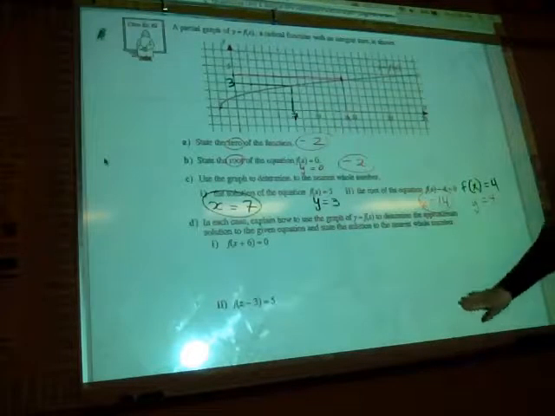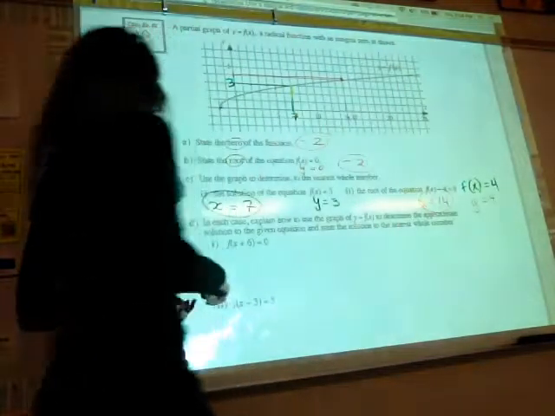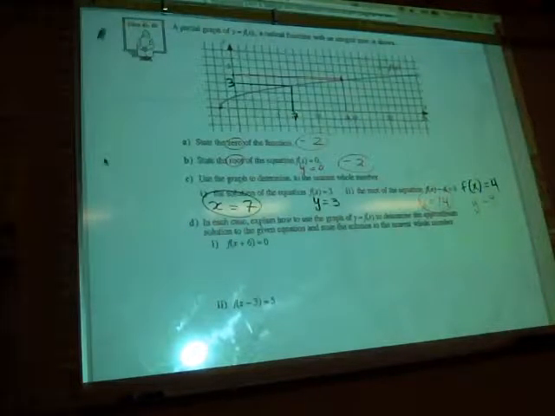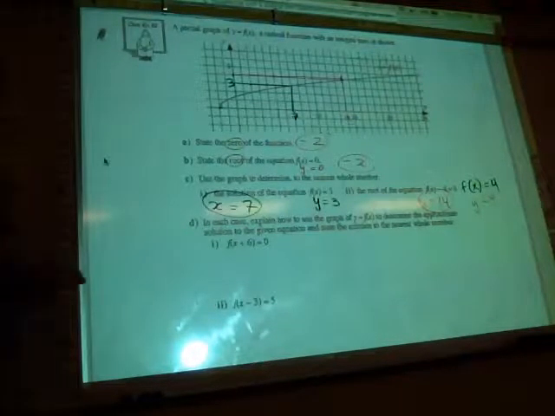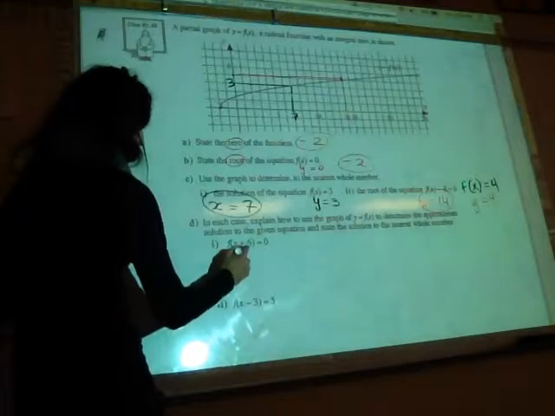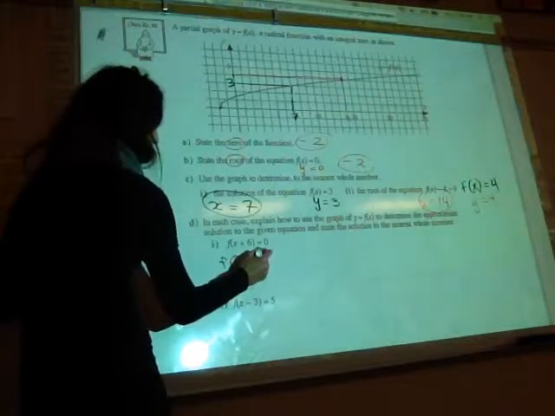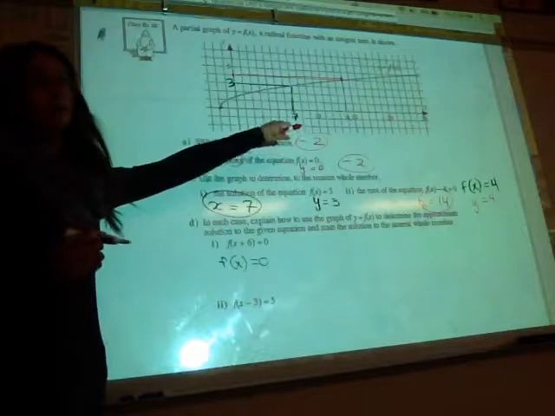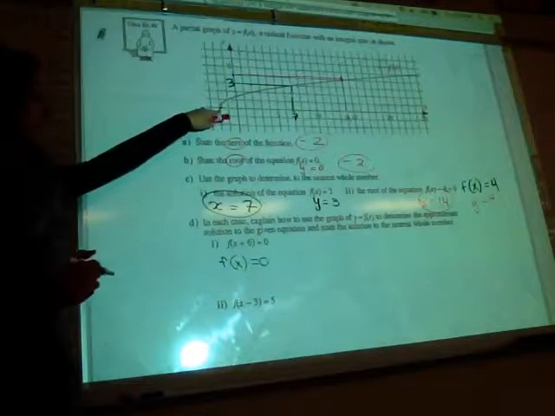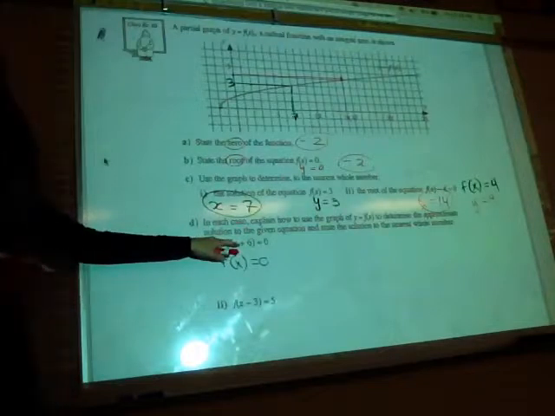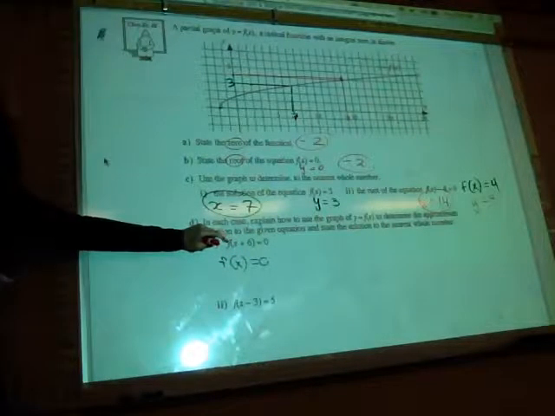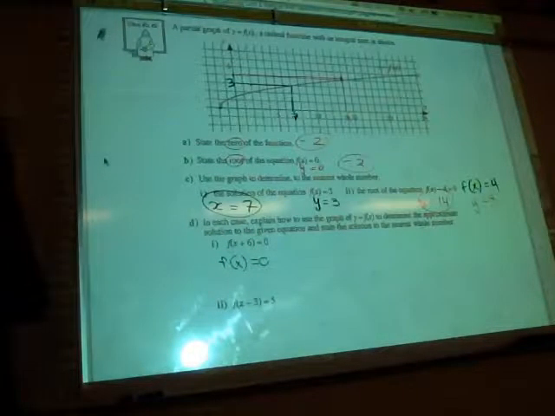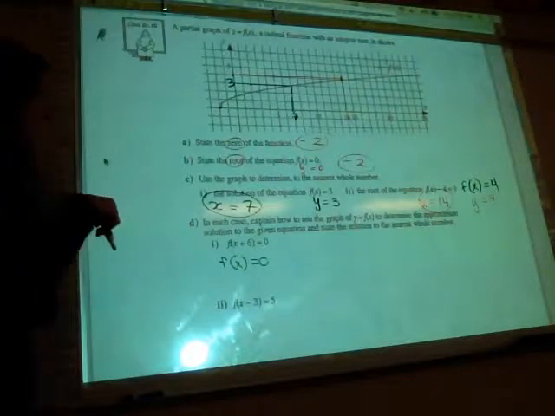These next examples are just a little bit trickier. They're saying when f of x plus 6 equals 0. So let's break this down first. If we had f of x equals 0, we knew it was at -2, right? When f of x is 0, it equals -2. Let's go back to the transformations unit. What does this say when the function is moving which way? Left 6 spaces.